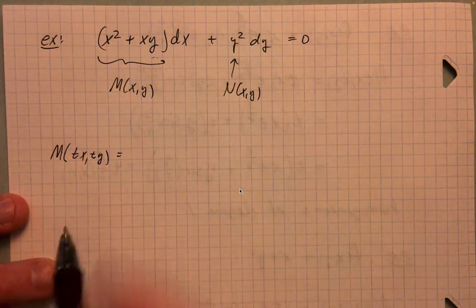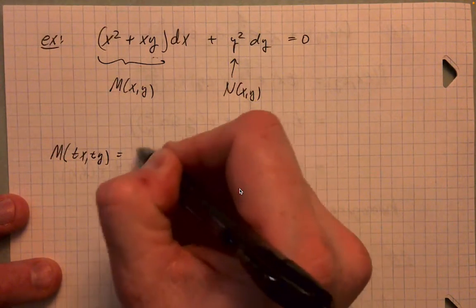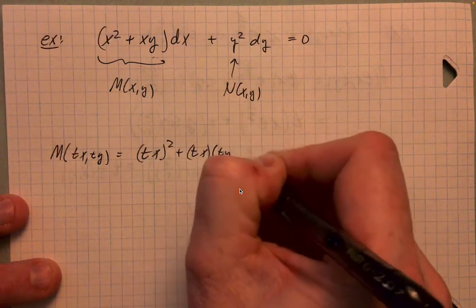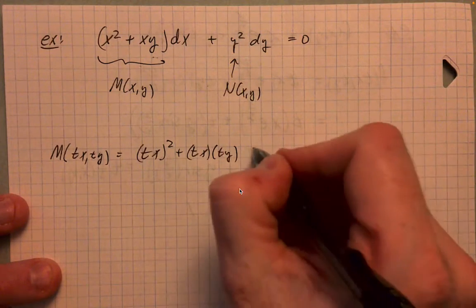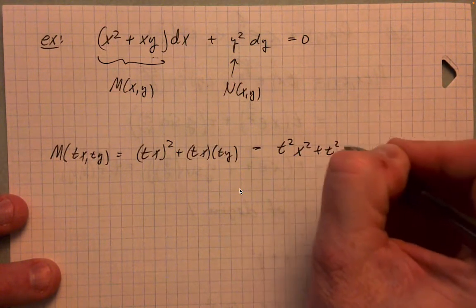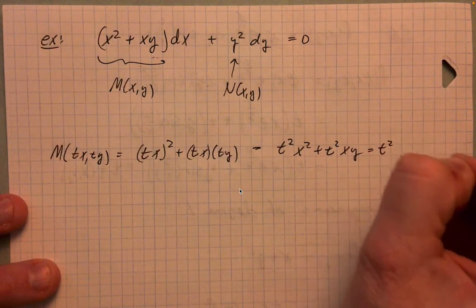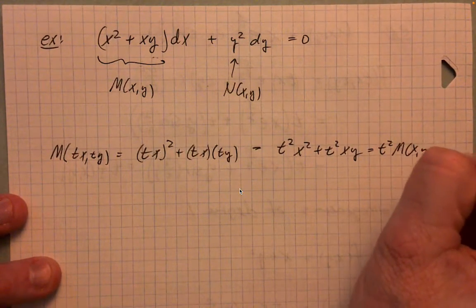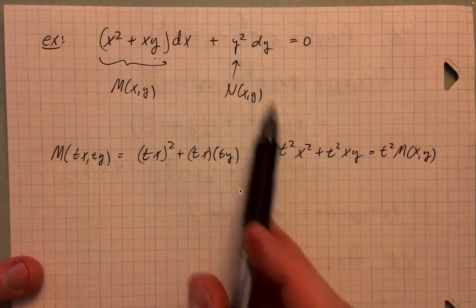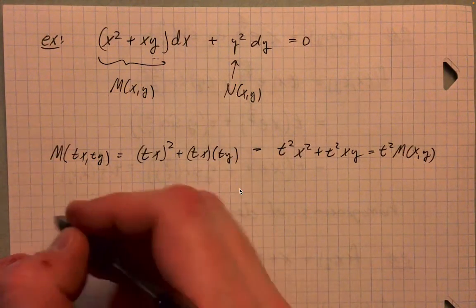Right, so that's going to be t of x, quantity squared, plus t of x, t of y. And so, of course, you're going to get t squared x squared plus t squared xy, so you get t squared m of xy. Okay, so this is homogeneous of degree 2. We can kind of see that n is going to be the same way, isn't it?